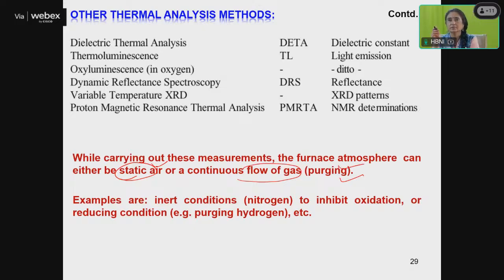You can take static air flow or inert gas flow, nitrogen or argon. Inert gas is needed to inhibit oxidation, because if you pass air, oxygen will be there, and at high temperature there can be oxidation. If you do not want your sample to get oxidized, you need an inert flow. And if you want to maintain a reducing condition, then hydrogen gas needs to be purged.